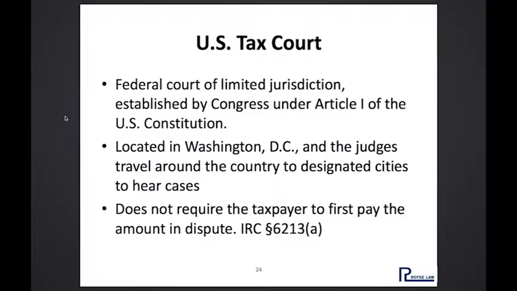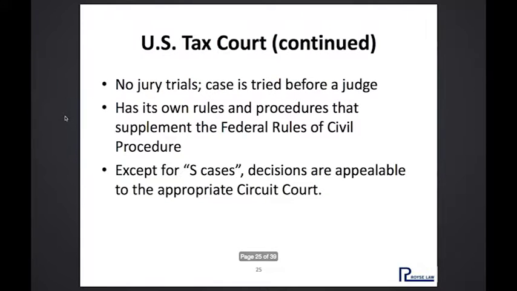Now, the U.S. Tax Court does not require the taxpayer to first pay the amount in dispute in order to file suit. And this is why the U.S. Tax Court is often a first choice for many taxpayers. In tax court, there are no jury trials. The case is tried before a single judge with expertise in federal tax law.